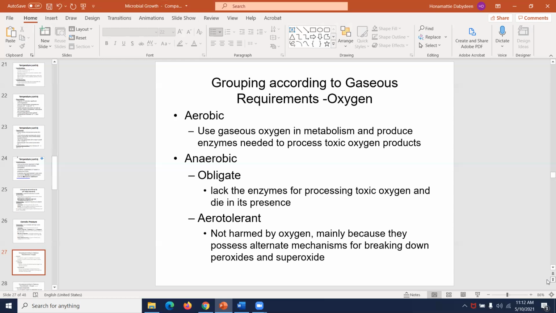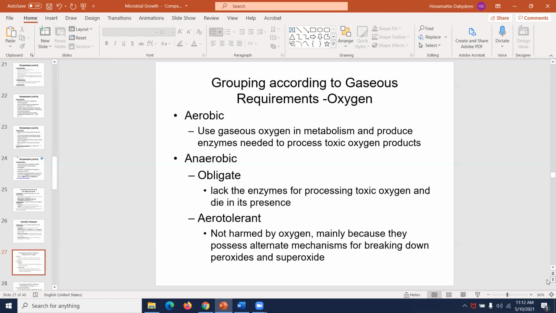You need enzymes to detoxify those toxic products. So aerobic organisms use the oxygen and it's good for them, but they also produce the enzymes to detoxify the superoxides.